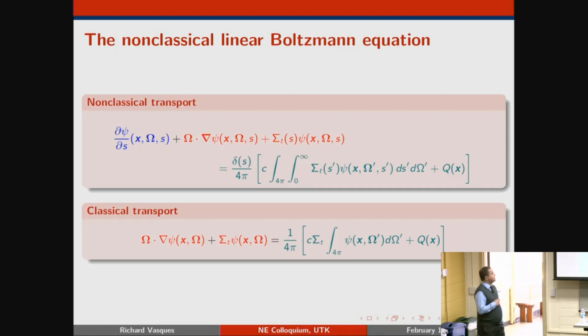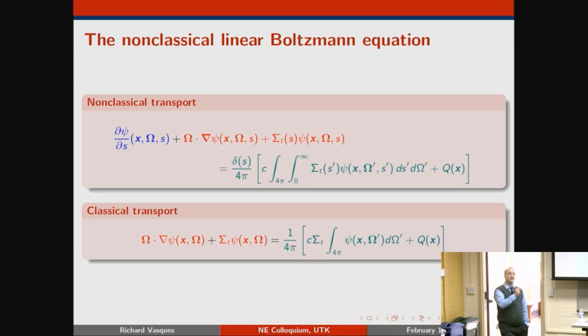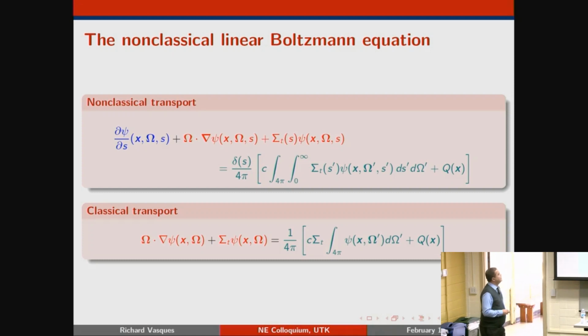And if you want to, you can think of it as a time-dependent equation if you think of s as a pseudo-time variable. Instead of saying this is the distance between point of collision to next collision, you could say it's the time spent between last collision to next collision. So it's fair to say this is sort of a pseudo-time dependent equation.